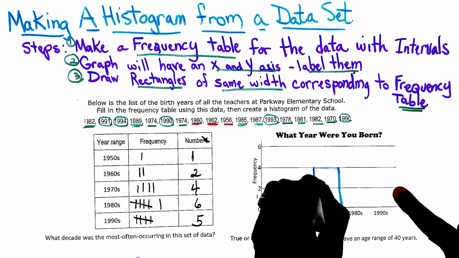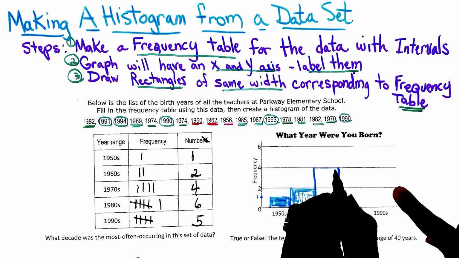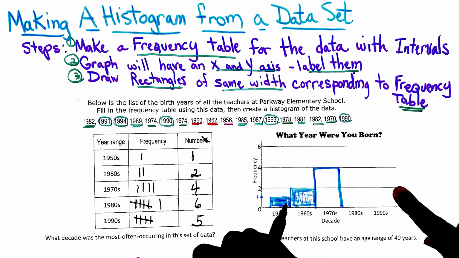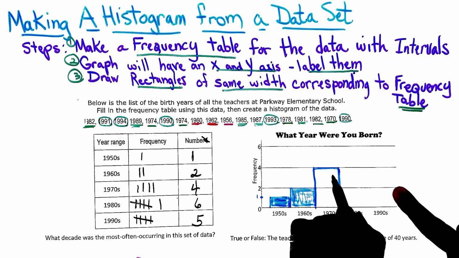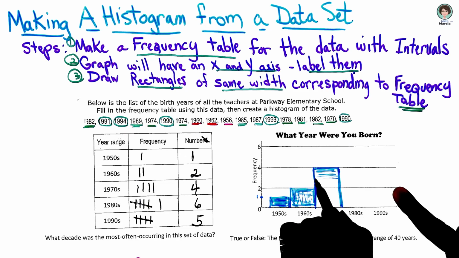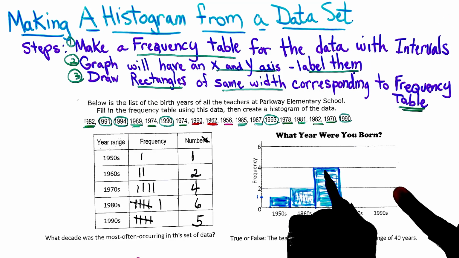If you do it with a pencil, you can totally adjust your drawing. But when you're doing this with a marker, there is no going back. This is it. All right, there is my bar for my 70s.